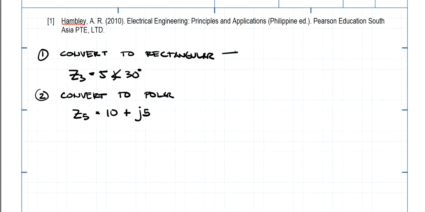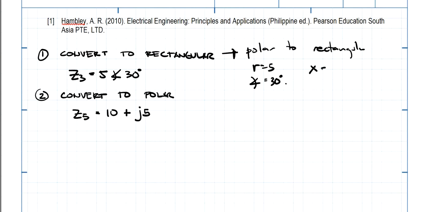So for number 1, polar to rectangular. What's given to us here is r equal to 5, and the angle is equal to 30 degrees. If we want to convert this to rectangular, we just need the x and the y values.